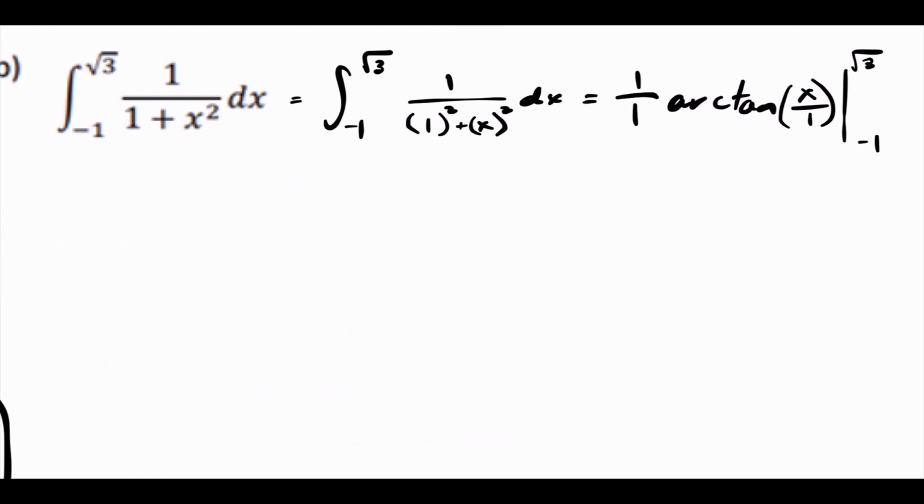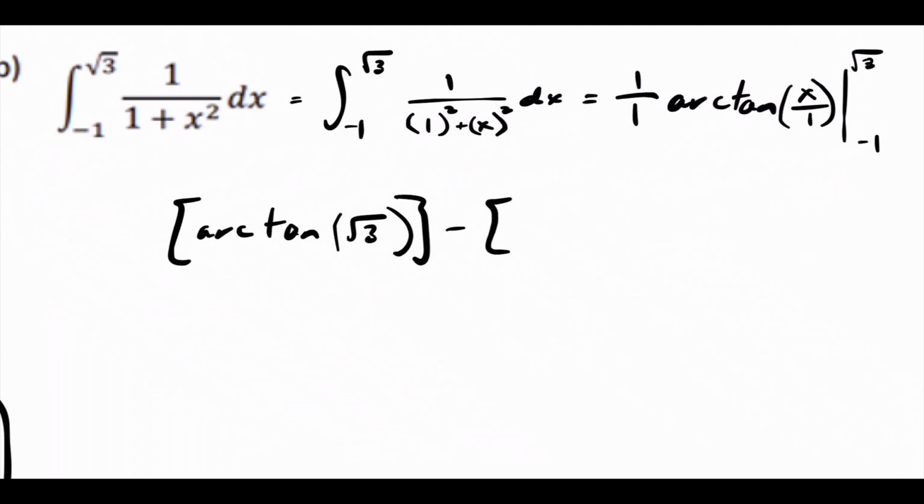Okay, so arc tangent of square root of 3 over 1, which is really just the square root of 3, minus arctangent for negative 1.